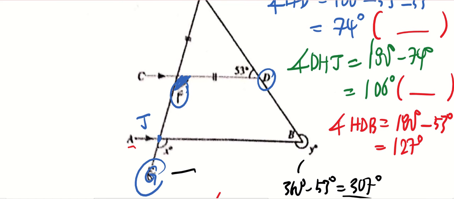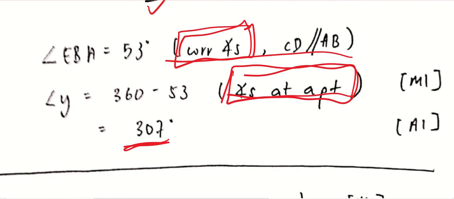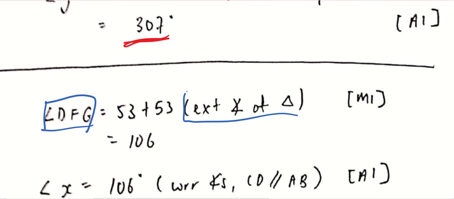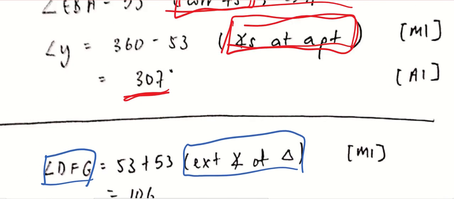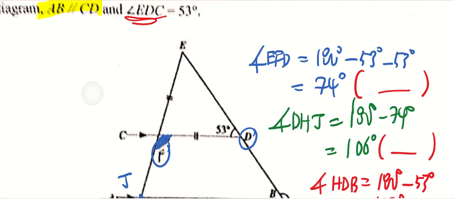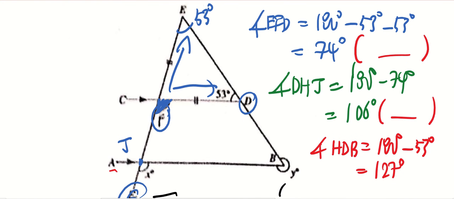Now, DFG is, what is the reason here? They gave exterior angle of triangle. Now, do you remember this trick here? This angle is the sum of this one plus this one. And we already know that this is 53 degrees because of isosceles triangle, right?